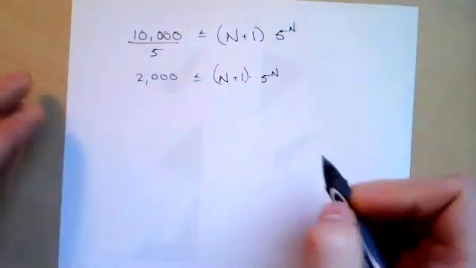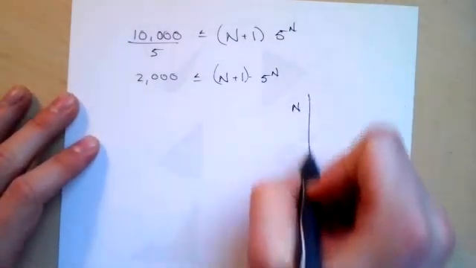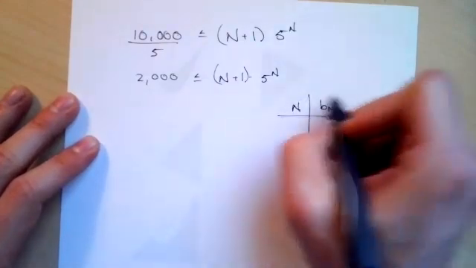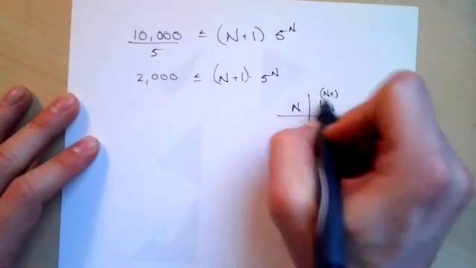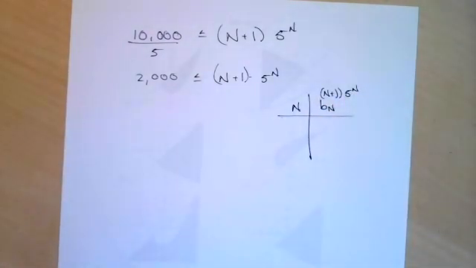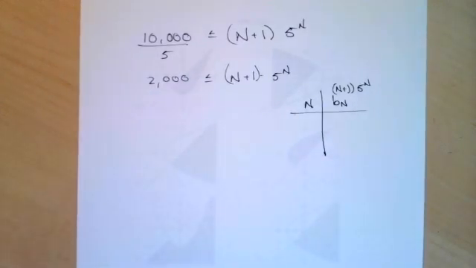And again, if you want to make a table with n and then b_n, or at least compute (n plus 1) times 5 to the n, go through. I'm guessing it should be about 5 or 6. Should be enough. Other questions?